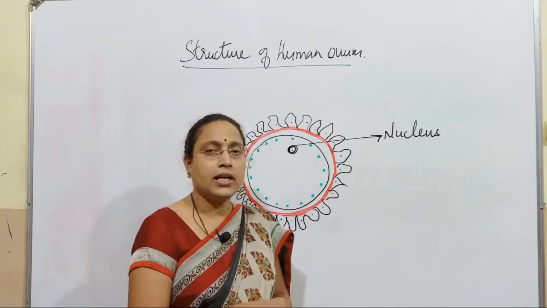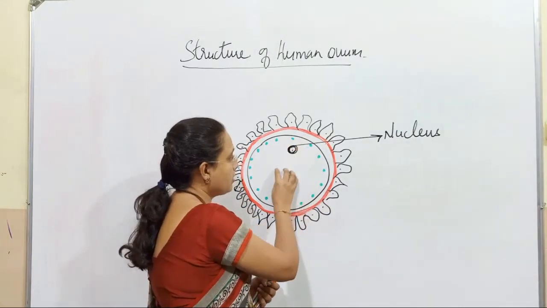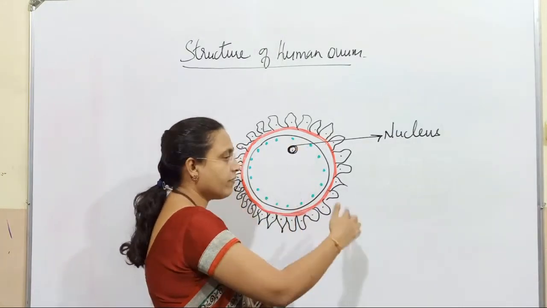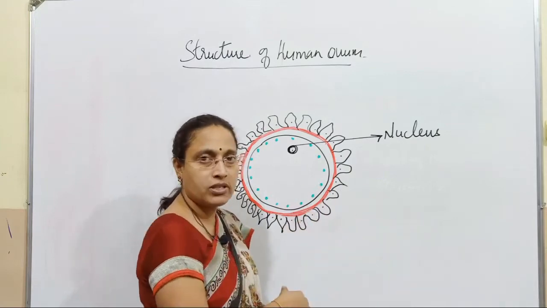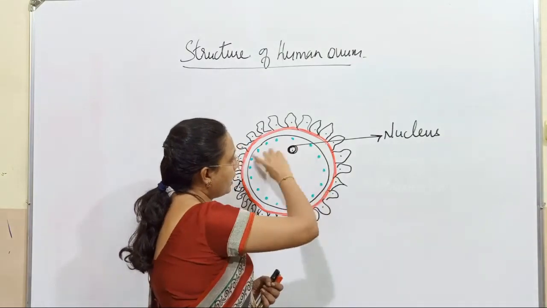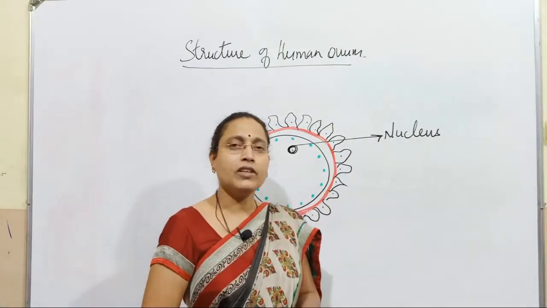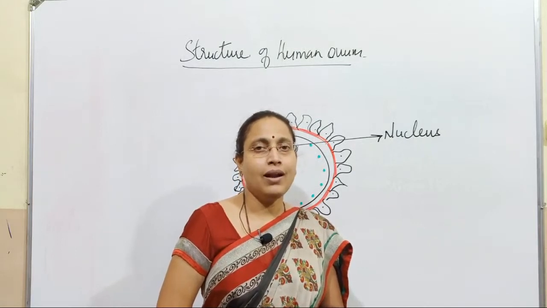Now the nucleus is the genetic material. What you can observe is that initially the nucleus won't be at the borders, but during the development of various follicles, as the ovum also develops, the nucleus moves towards the periphery. If the nucleus is present at the periphery, it is called an eccentric nucleus.